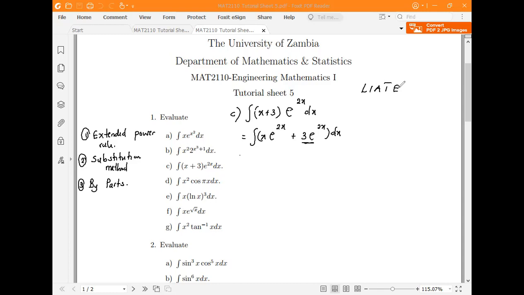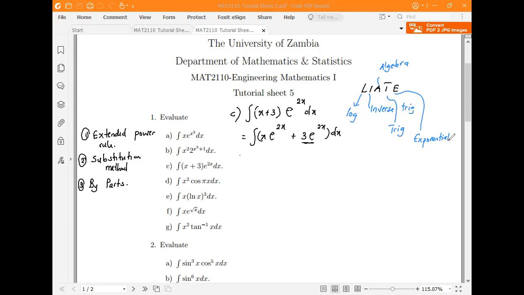Can we apply that criteria, LIATE, where the L stands for log, the I for inverse trig, the A for algebra, which means the powers of x, T for trig, and then E for exponential.